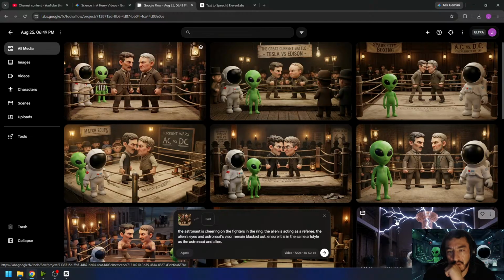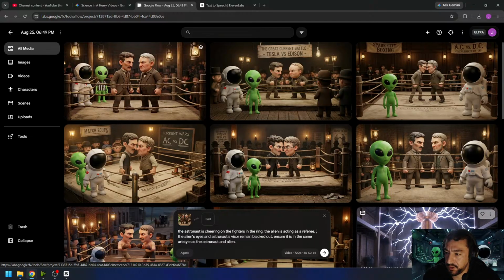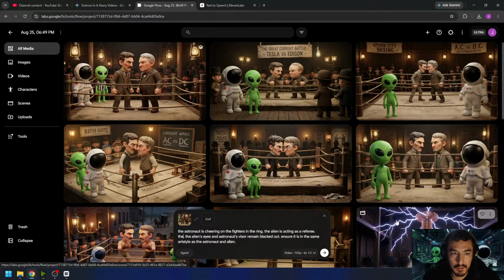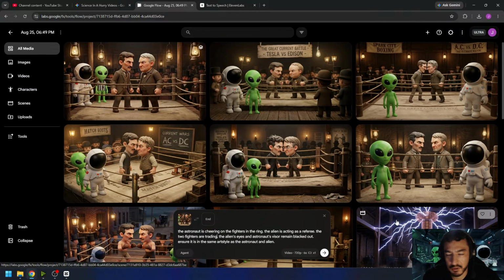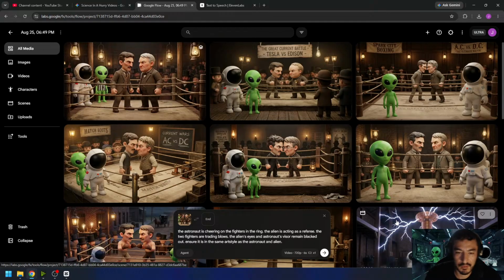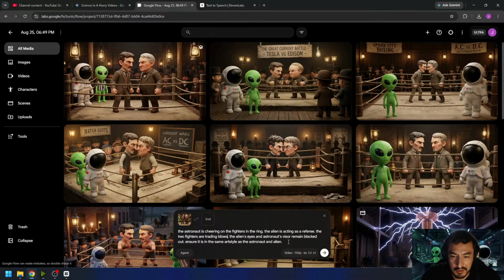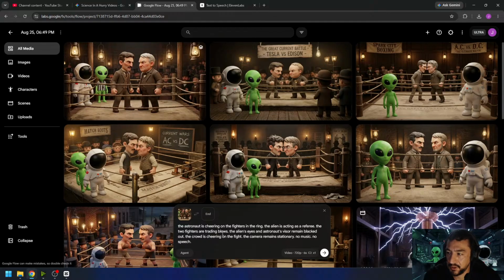You know what? Let's have the two of them actually fighting. Two fighters are trading blows. Why not? Alien's eyes, astronaut's eyes remain blacked out. And let's have the crowd in the background cheering on the fight. The camera remains stationary and no music, no speech.